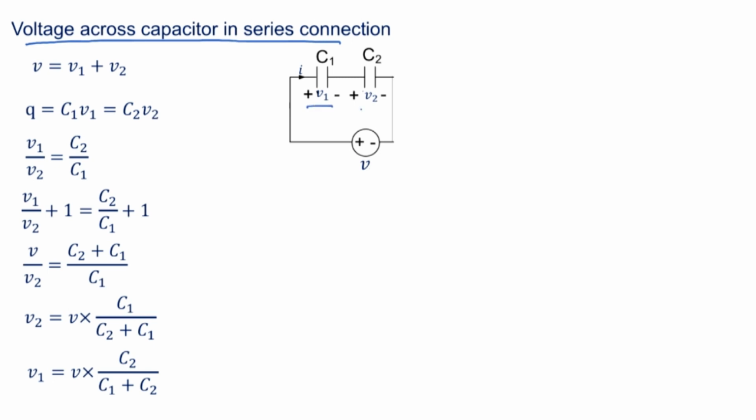Here we have V1 and V2. At any instant of time, V equals V1 plus V2 across the combination. The same current I flows, so the charge on each capacitor plate is the same. So Q equals C1 V1 equals C2 V2.